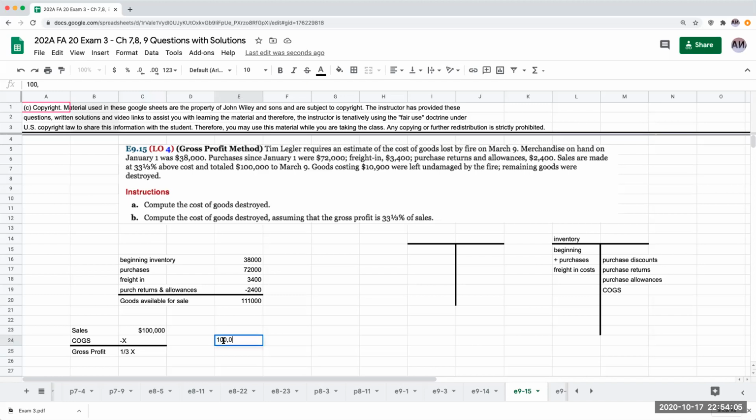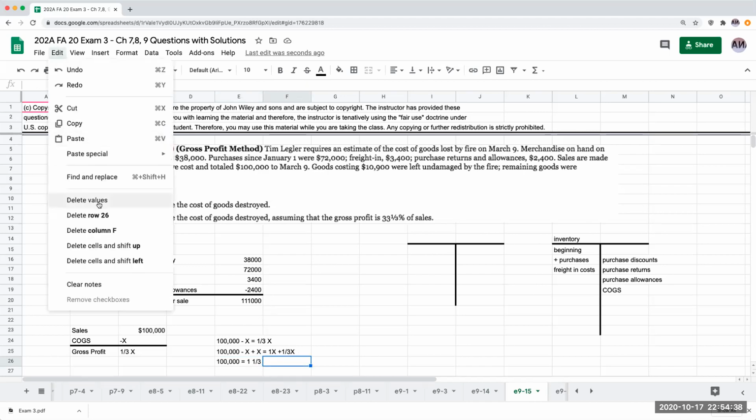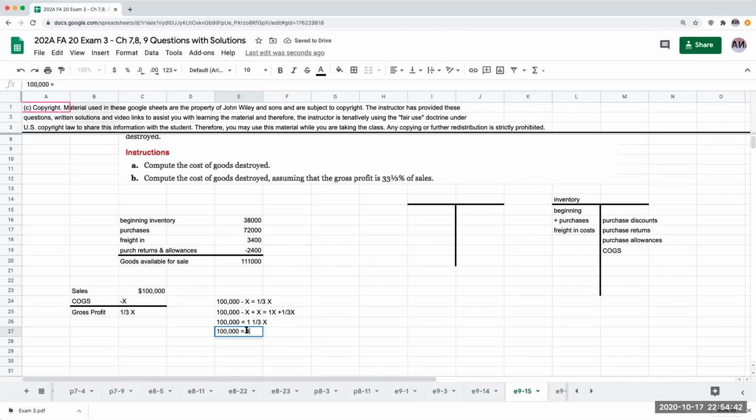So if I look at this as 100,000 minus X equals 1/3 of X, if I isolate X by adding X to both sides, what I'm going to end up with is 100,000 equals 1 1/3 X, or 100,000 equals 4/3 X. If I isolate this and multiply each side by 3/4, what I'm going to get is X is going to be equal to 75,000.